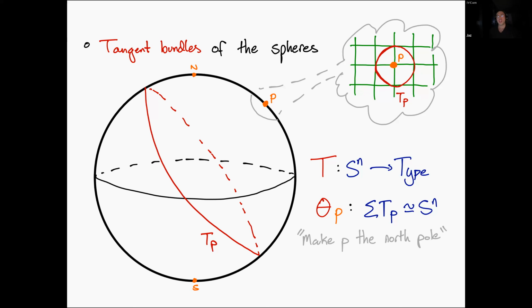So we have this change of coordinates equivalence there, which we'll call theta P. And theta P is the equivalence that says P is going to be our new north pole, is the way to think about it. And what I really mean by that is theta P is an equivalence, and it sends north in the suspension of the tangent sphere of P to the point P in Sn.